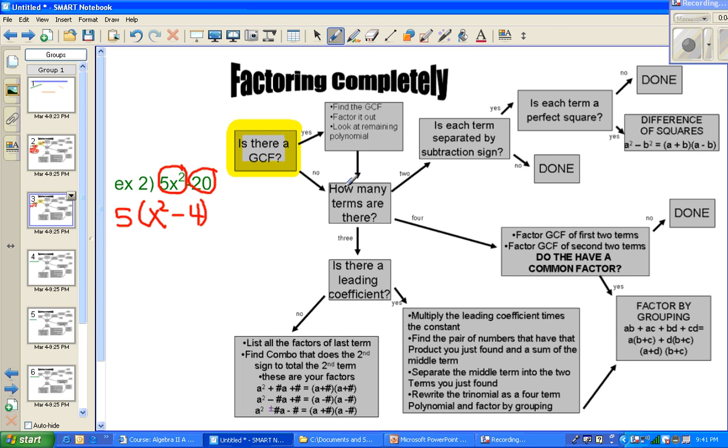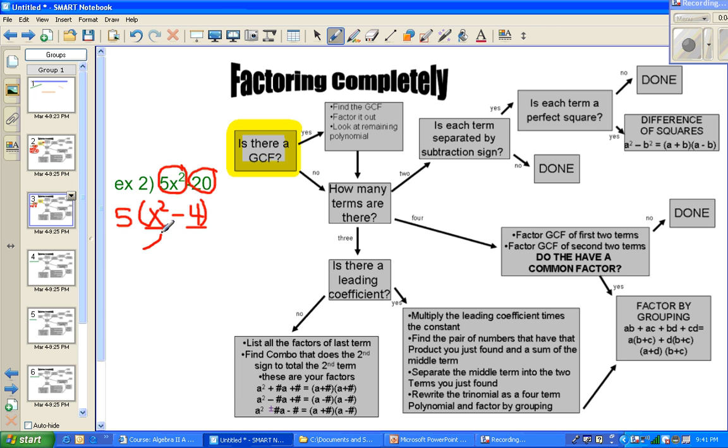Now we go back to our next question. How many terms are there? If you'll notice, there are 2 terms. So we're going to come up here. Is each term separated by a subtraction sign? It sure is. So we're going to continue up here to the yes box. And then ask yourself, is each term a perfect square?